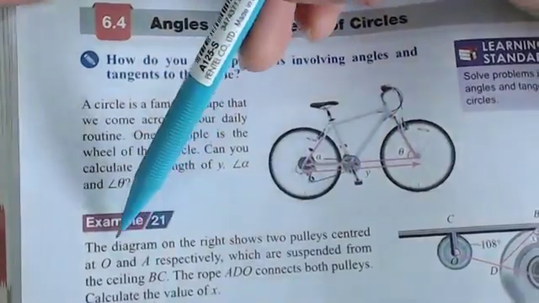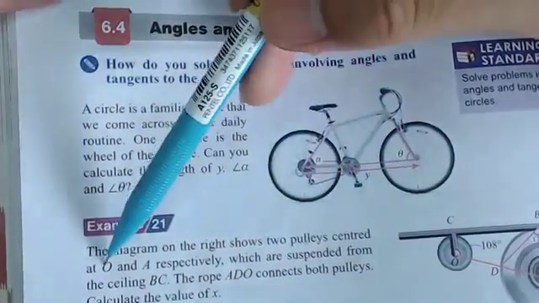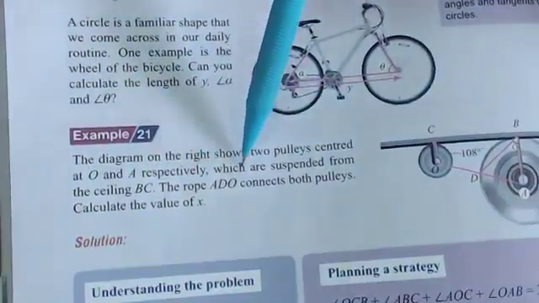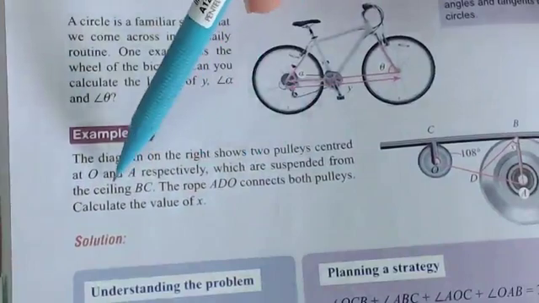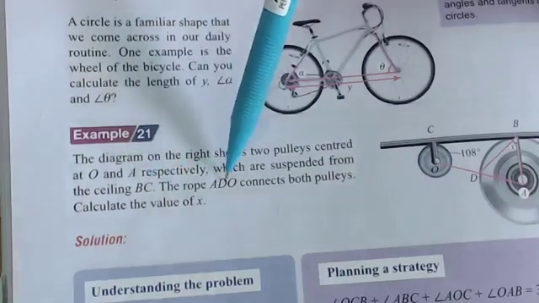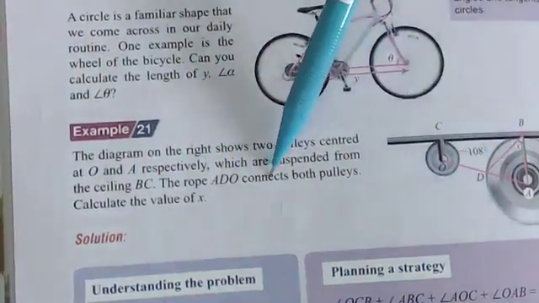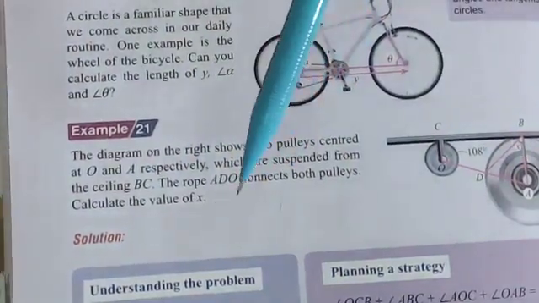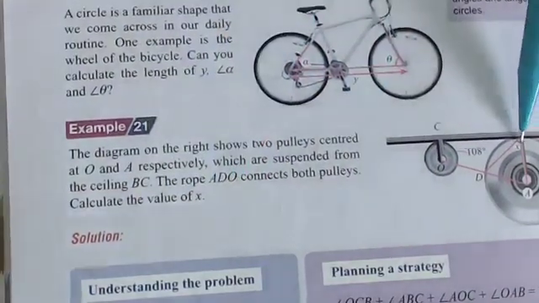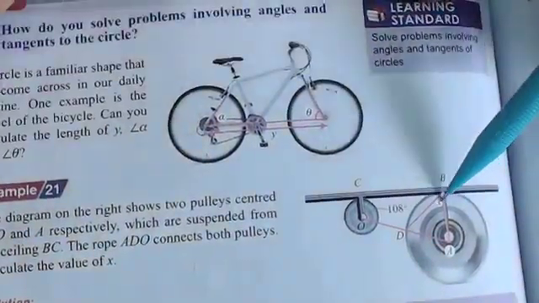Example 21: the diagram on the right shows two pulleys centered at O and A respectively, which are suspended from the ceiling BC. The rope ADO connects both pulleys. Calculate the value of x. Any idea how to find the value of x here?